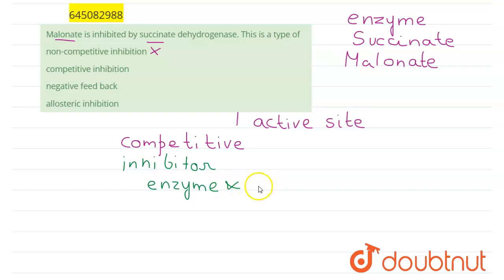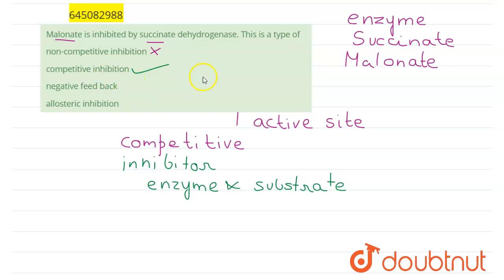Since it can bind to both, the activity of the enzyme is reduced, but there is no competition for the active site. So this is known as non-competitive inhibition and this is not seen here. So this is a wrong option. Competitive inhibition is the right option here.